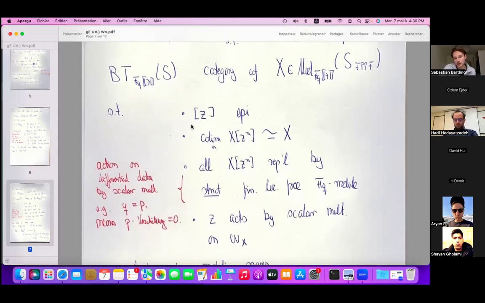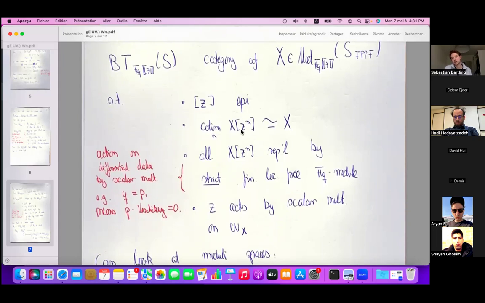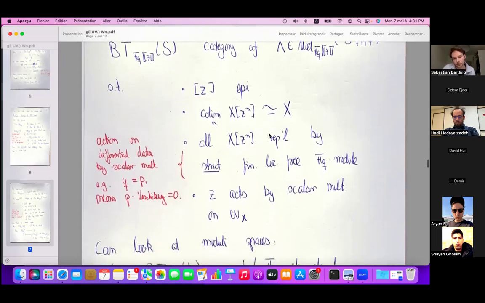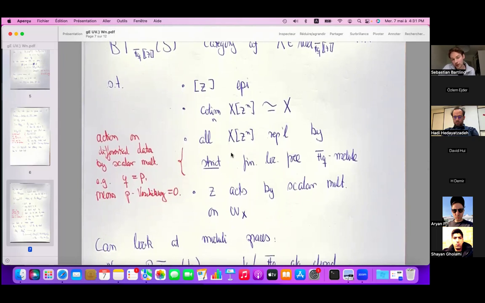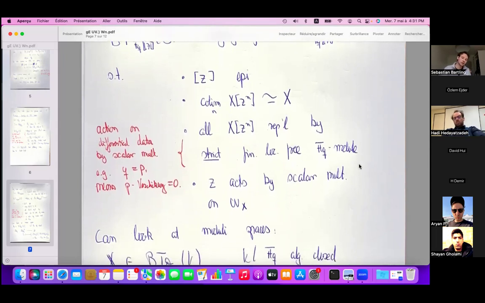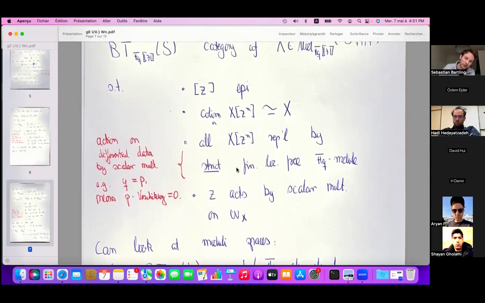The first is that we want z to be an epimorphism. Then we also have this z-infinity torsion property. And we also want all the z^n torsion parts to be representable by finite locally free group schemes. But this is different from the situation before, just for p-divisible groups: we also want to put a condition, a bit like the strictness condition. It's the finite locally free group scheme analogue of the strictness condition that I had before.